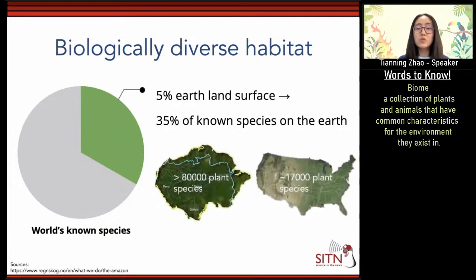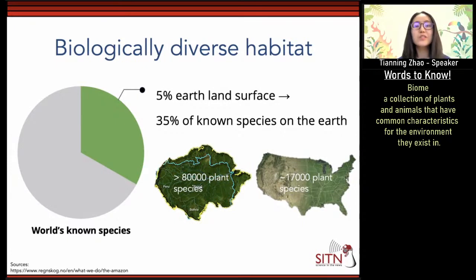And since we're looking at different shades of green here, we're primarily focusing on the plants. And by comparing that to what we have here in US, we have different landscapes. So we have deserts, we even have rainforest here, but we have about 17,000 plant species here in the United States. But in Amazon, at about the same size of the area, we have more than 80,000 plant species.